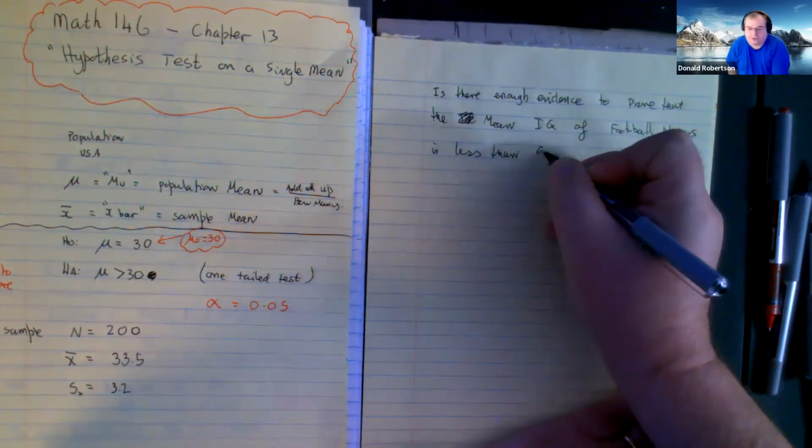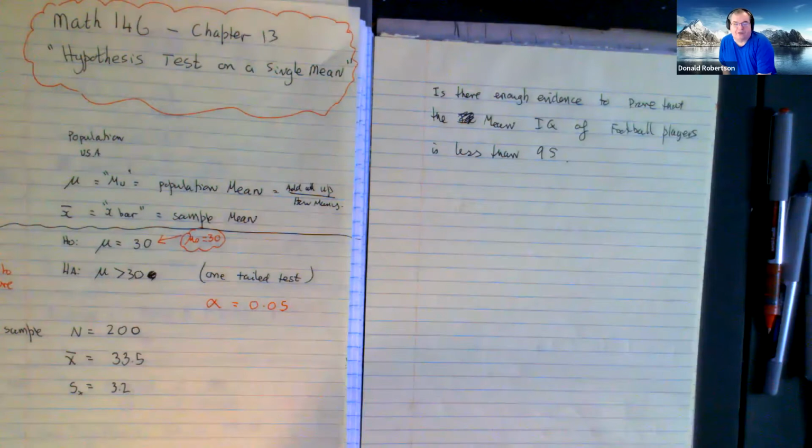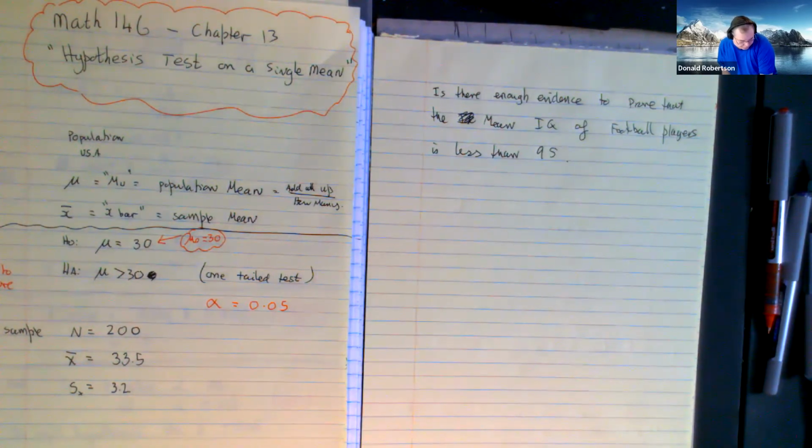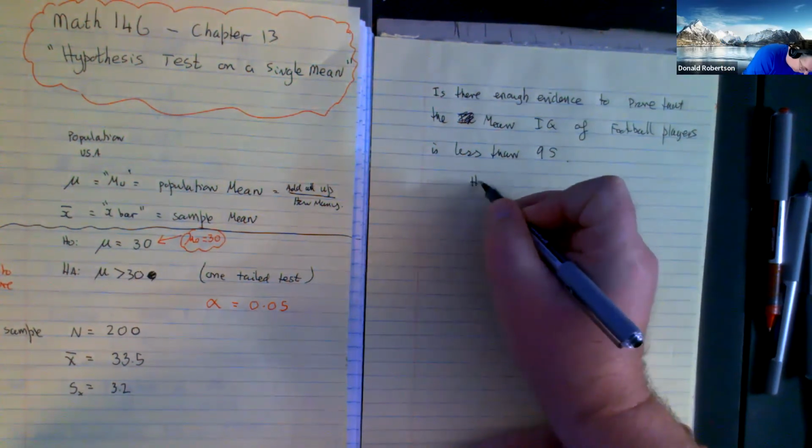Imagine there was a story where they wanted you to see if you could prove this. Is the mean IQ of football players less than 95? Right, you'd set up a null and an alternate.